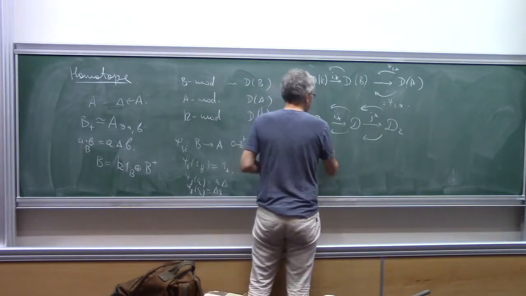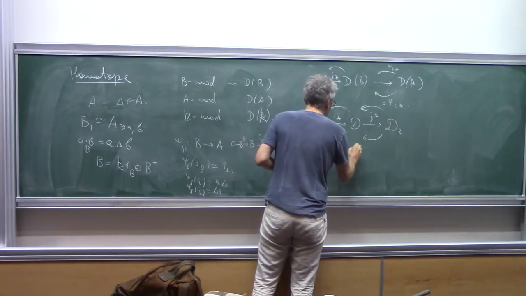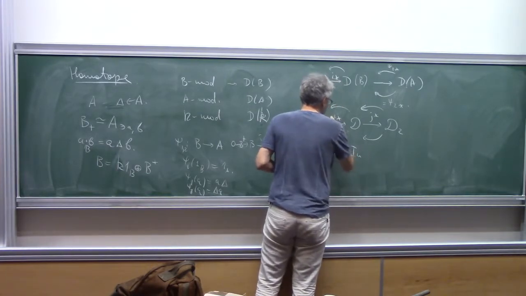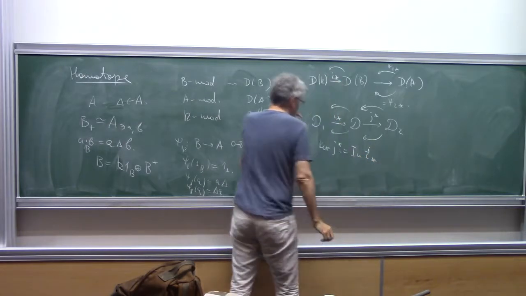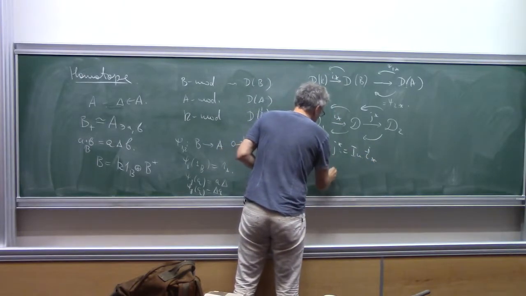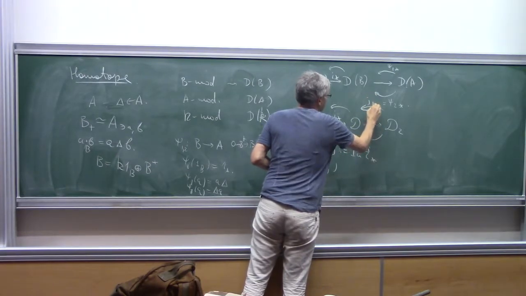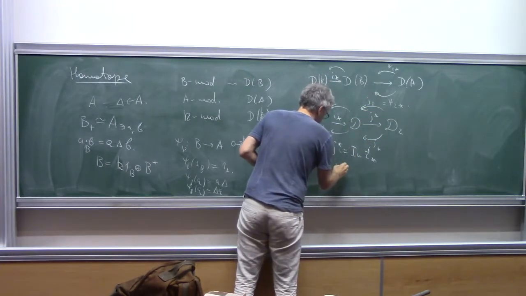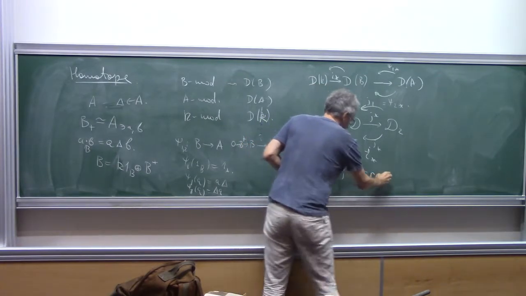And there are some conditions, like for instance the kernel of j upper star is just the image of i lower star, which is fully faithful. These three, j lower shriek, j upper star and j lower star, are fully faithful.